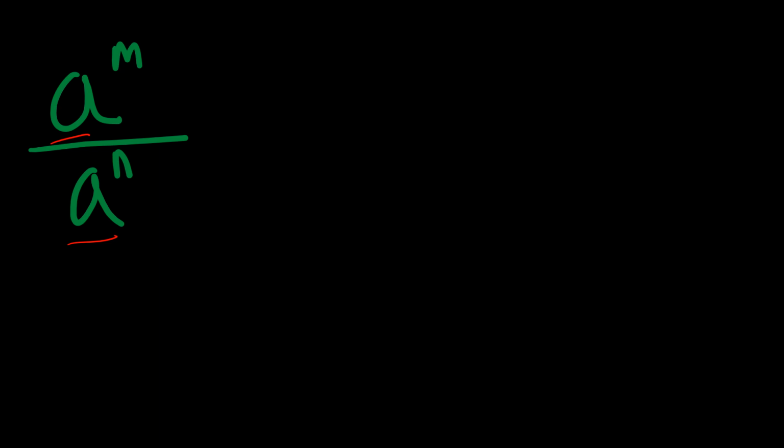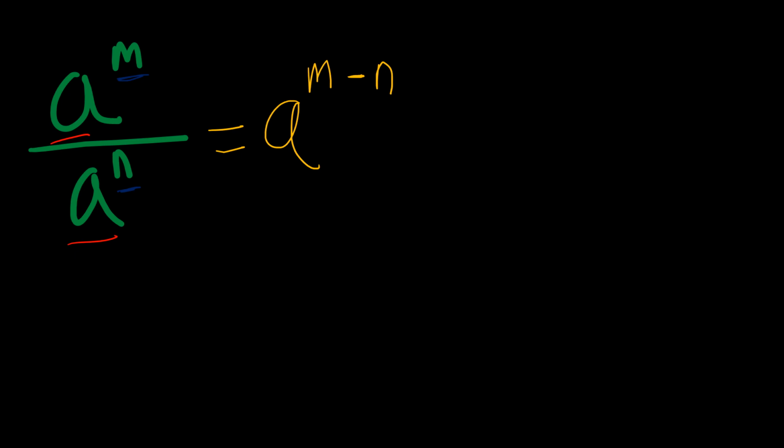Now, our exponents are just simply m and n. So there's limited things we can do with this equation. All we can really do is rewrite the equation as a to the m power minus n.